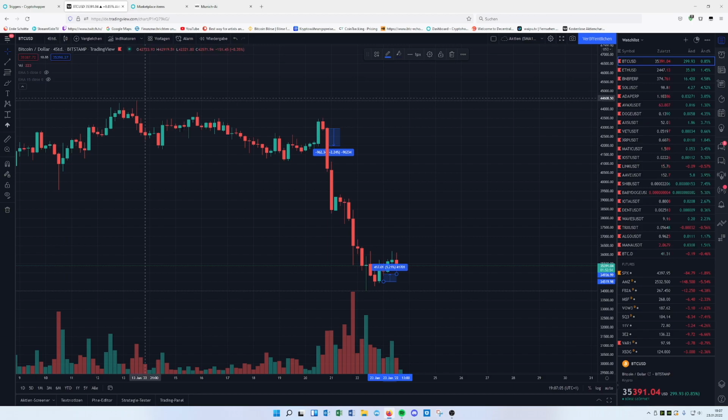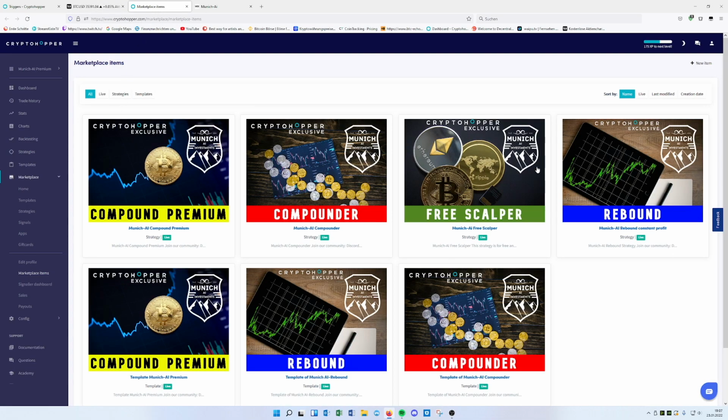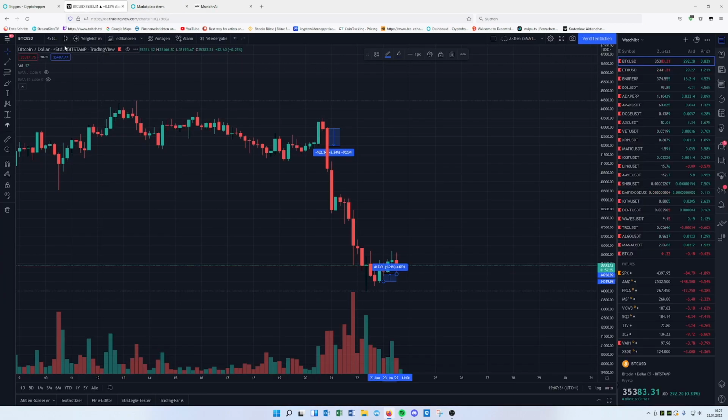This is just a 4-hour time frame, depending on what strategy you have, because every kind of strategy has a specific trading time frame. Mostly the creator of the strategy will not tell you, but I can tell you this one: the rebound and the compounder are on a bit higher time frame, but the compounder, where you get more signals, is on a smaller time frame, so below 4 hours.